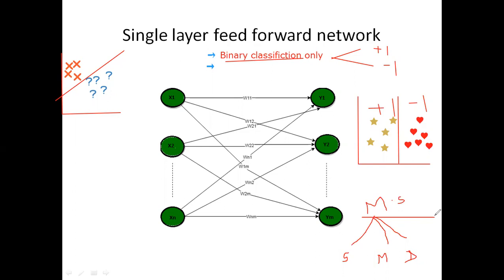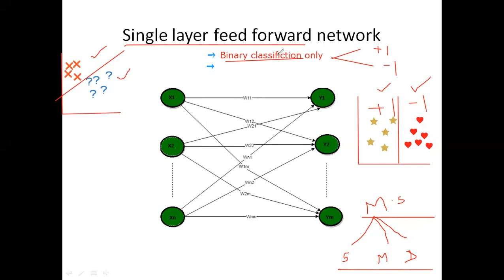For this purpose we have the multi-layer feed-forward network. For this kind of data, single-layer feed-forward networks are not going to support. If your data set has only two outcomes, like this or like this, then you can directly apply the single-layer feed-forward network in ANN.